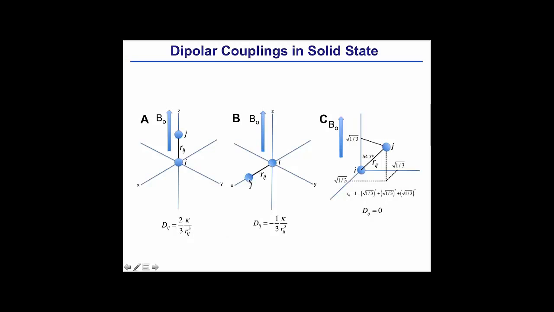If it is perpendicular, in X or in Y, we already said that Dij is minus 1/3 times this constant, and of course this is not the constant, this is the distance. And if it is at the magic angle, the projection will be a third, so the dipolar coupling will be 0, and this will be the angle 54.7 that we said is the magic angle.